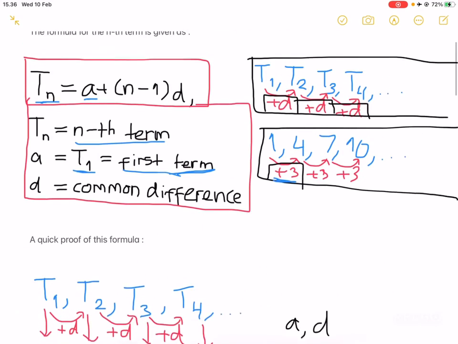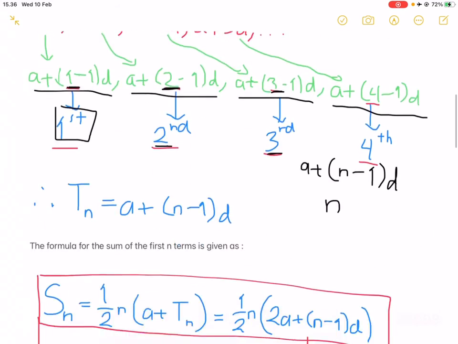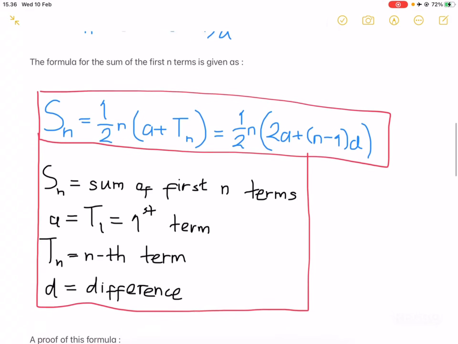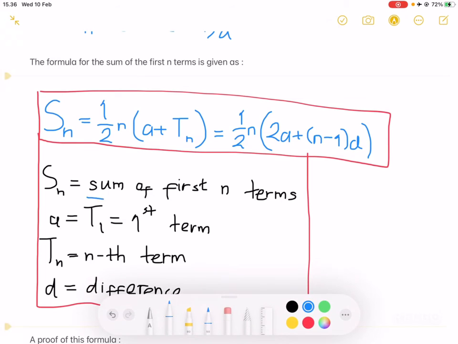So I would say that's it for finding the nth term of an arithmetic sequence. Now we're going to go to a little bit more complex thing, which is the formula for the sum of the first n terms. So Sn, which is the sum of the first n terms, is given as a half times n times (a plus tn). a is the first term, tn is the nth term.